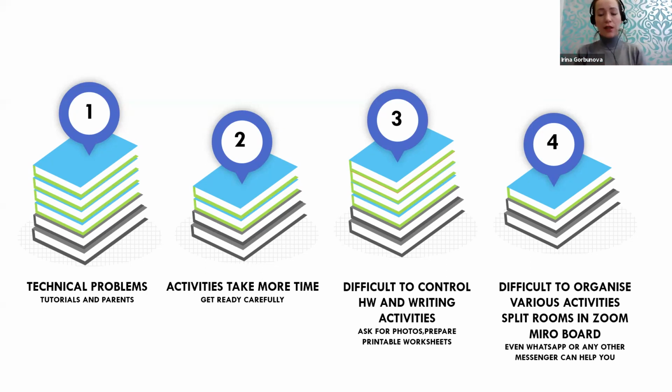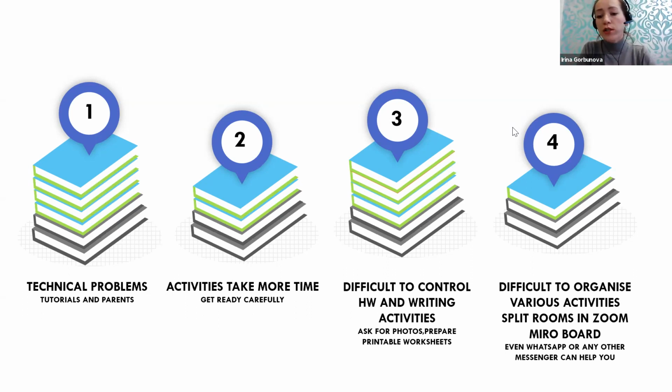The best thing is to prepare the homework and writing worksheets, and then they just show or take photos and send them to you. It's the same as in the offline class, you will come to each of them and spend some time looking at their notebooks, and you can do it after the class. So that's not a great problem.